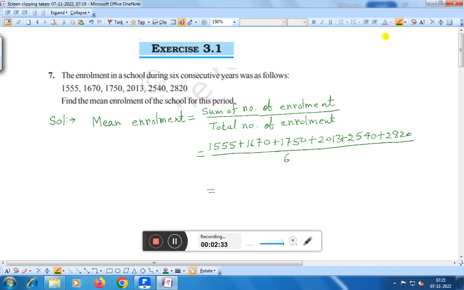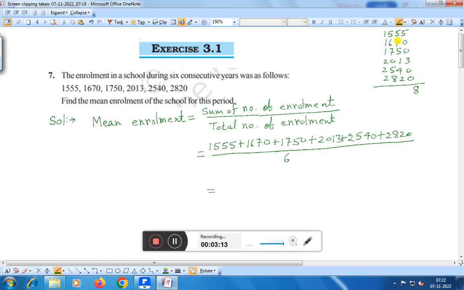If we add all the numbers: 5 plus 3 is 8.